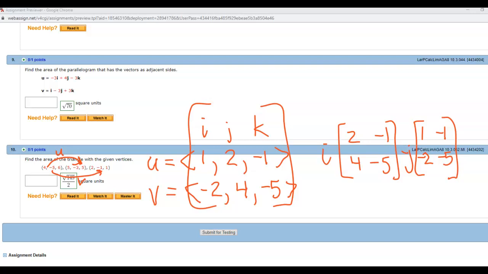And my k, you squeeze it in. 1, 2, sorry. 1, 2. And then -2, 4. Squeeze my k matrix in there.